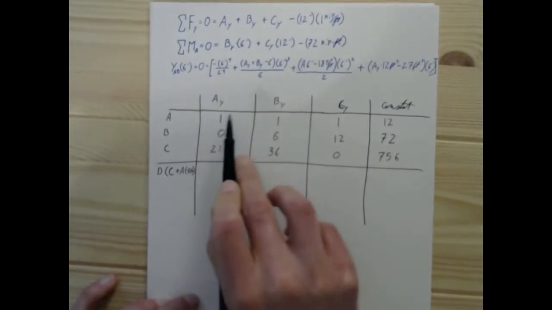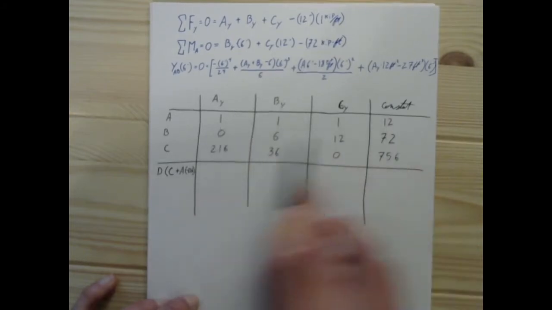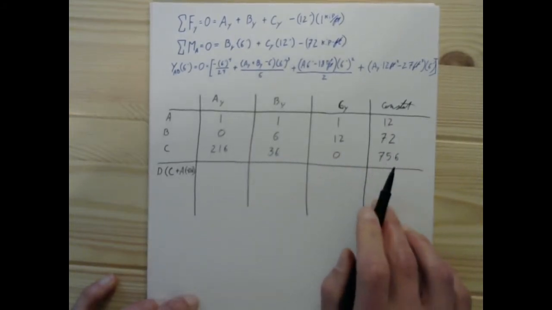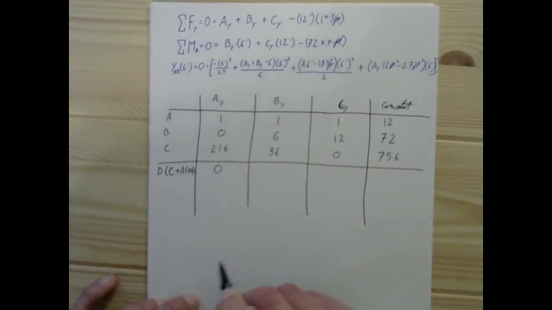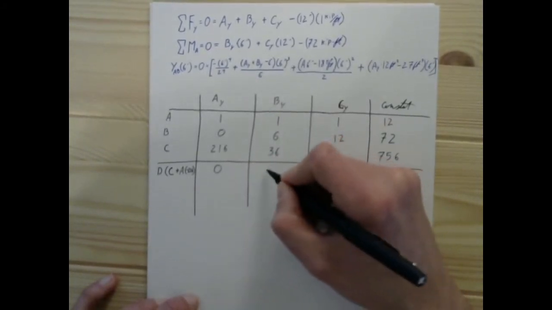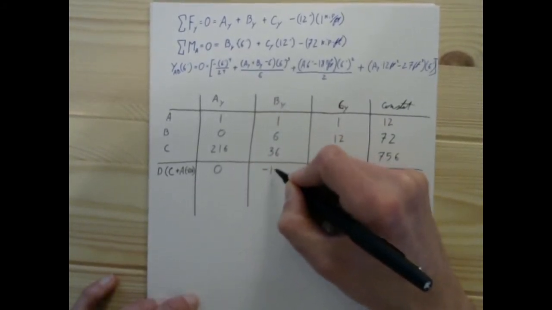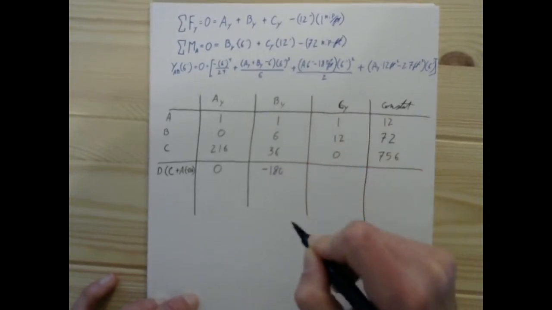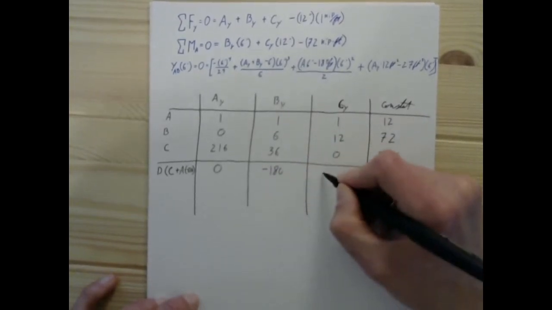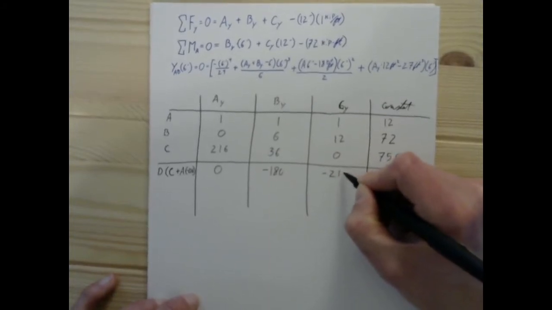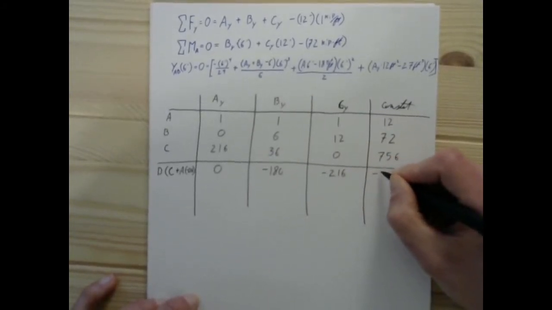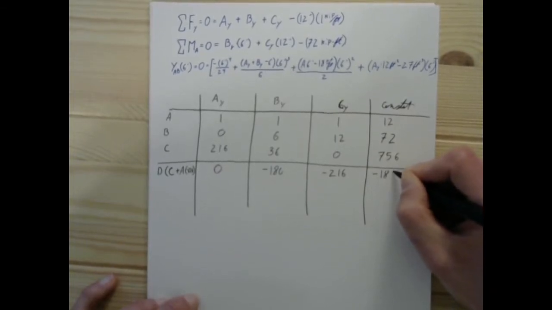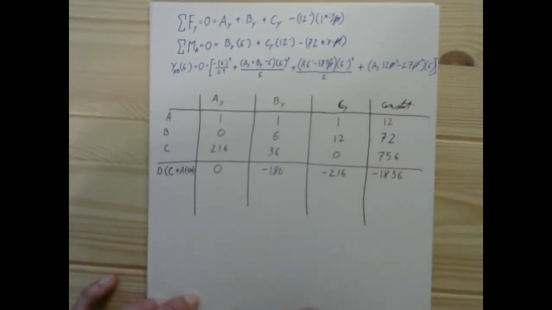If we add that equation to this equation, negative 216 times, this goes to 0. This is going to go to negative 180, so that's okay. And this is negative 216, and this is negative 1,836.